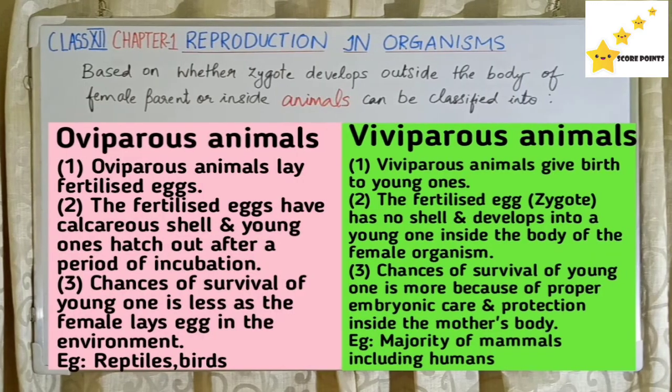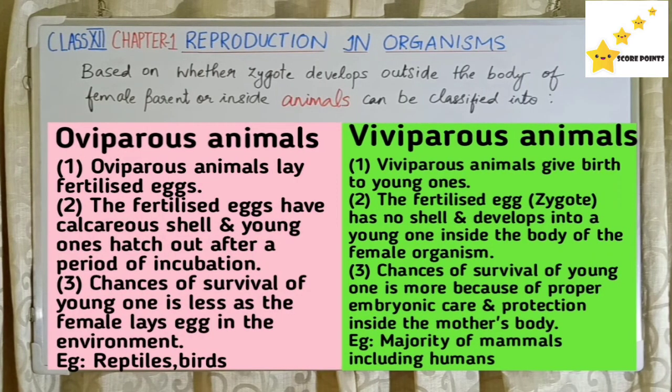Based on whether the zygote develops outside the body of the female parent or inside, animals can be classified into two: oviparous and viviparous animals. Oviparous animals are those that lay fertilized eggs, and viviparous animals are those that give birth to young ones. The fertilized egg has a calcareous shell, and young ones hatch out after a period of incubation.